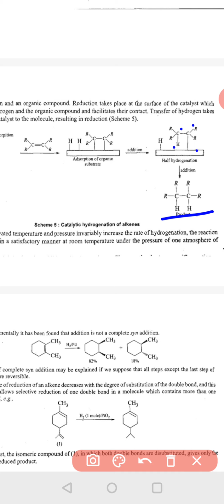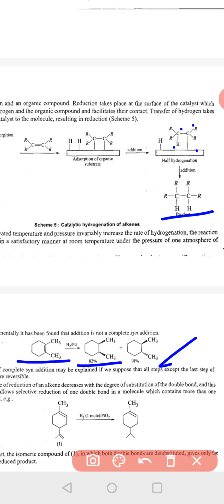But experimentally it has been found that this addition is not 100% syn addition. We get both the products. Although the syn product is the major product, we get the anti product also. This is an example for that. Here 82% of syn product is found and 18% of anti product is formed.